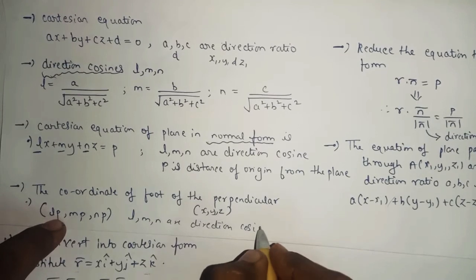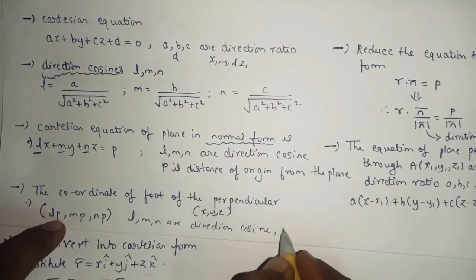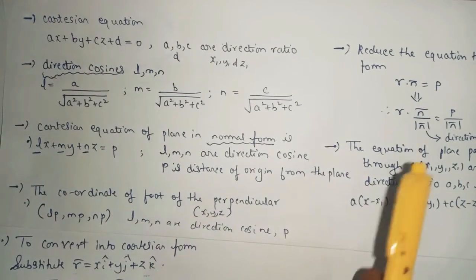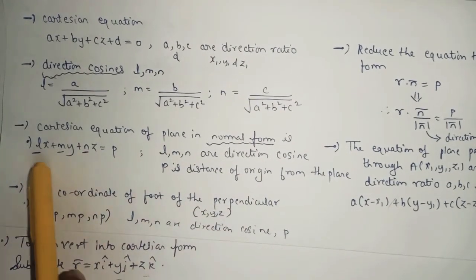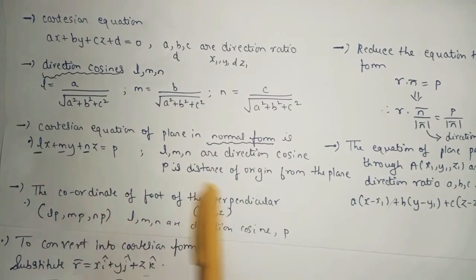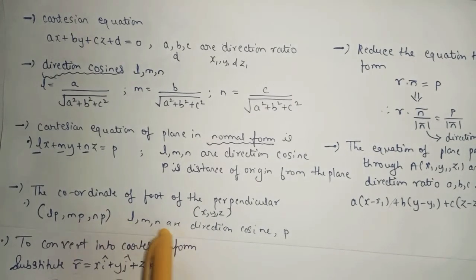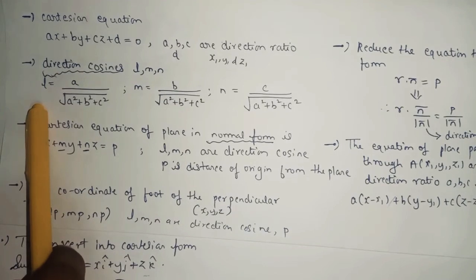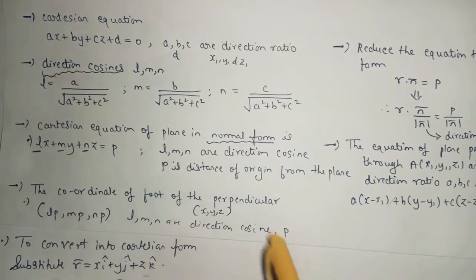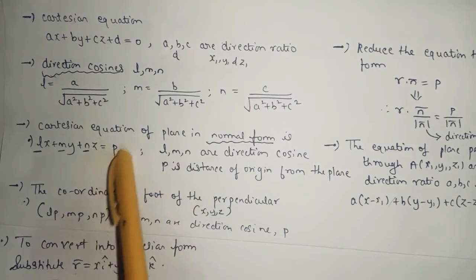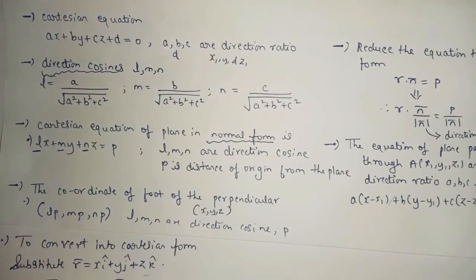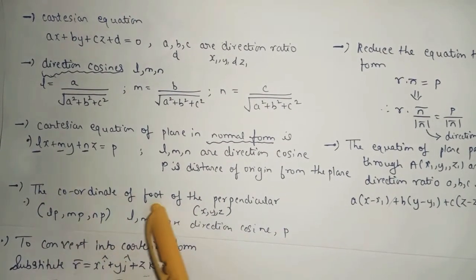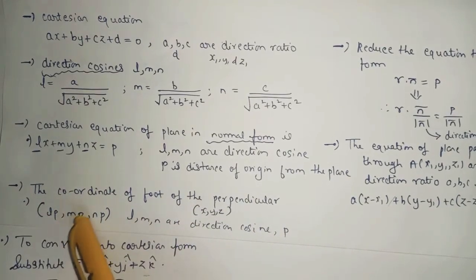And p is the distance of the origin from the plane. So all the values you will get from here, and we know how to find the direction cosines: l equals, m equals, n equals, and to find p you will get p from here. So this is the formula to find the coordinates of the foot of the perpendicular: lp, mp, np.